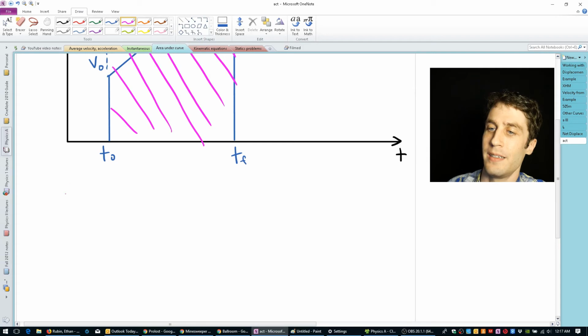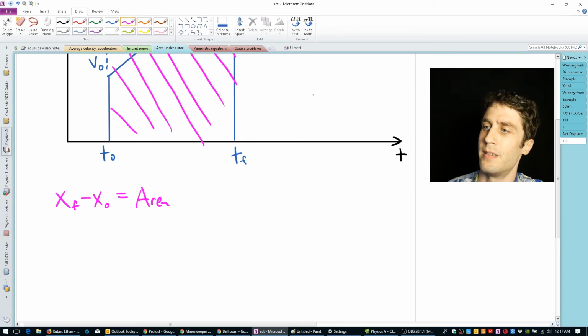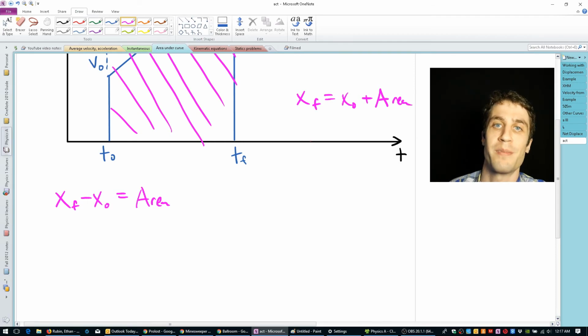The area is x final minus x initial. For those of you who are wondering how I got x final minus x initial, I'm just using the fact that x final is equal to x initial plus the area. It's just a little rearrangement of what we saw earlier in this video. I just subtracted x initial from both sides.